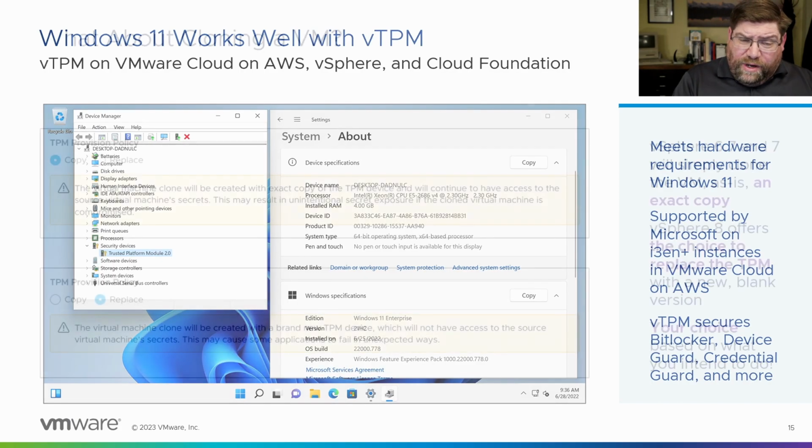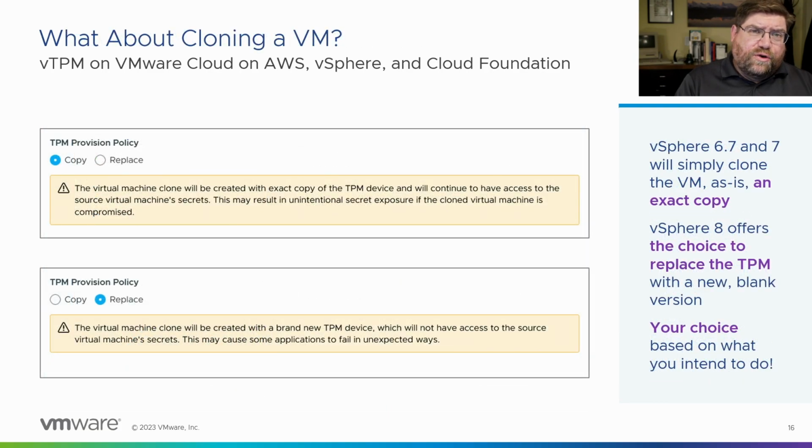So I mentioned cloning. Cloning is an interesting issue with vTPMs because with older versions of vSphere, I guess TPMs didn't exist prior to vSphere 6.7, you got an exact copy of the VM, and that was an exact copy of the virtual TPM too.